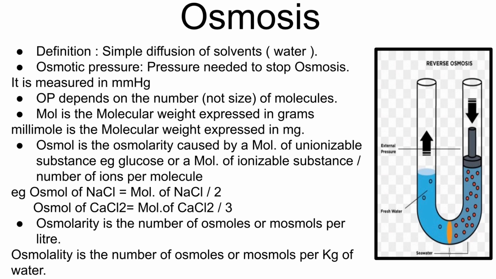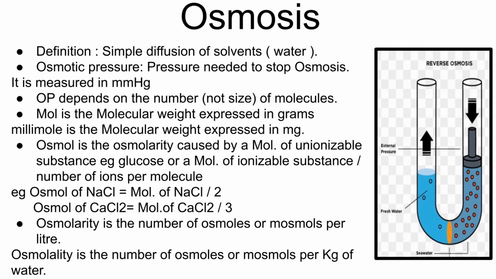However, ionizable substances, when dissolved in water, give more particles. For example, a sodium chloride molecule gives 2 ions. So, 1 mole of sodium chloride gives 2 osmoles. So, osmole of sodium chloride equals mole of sodium chloride divided by 2.